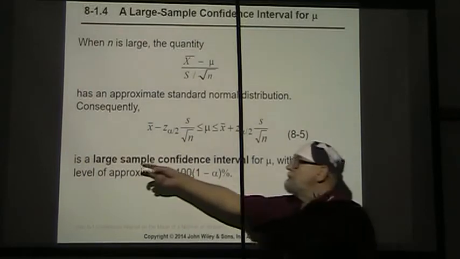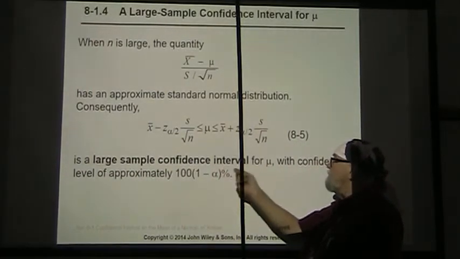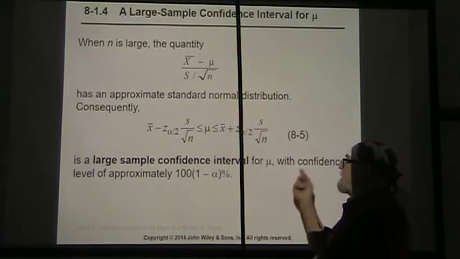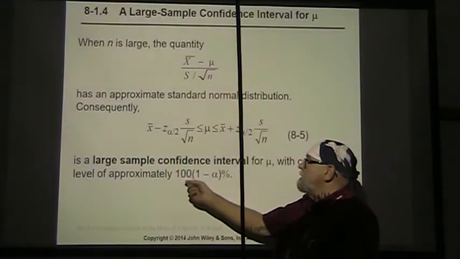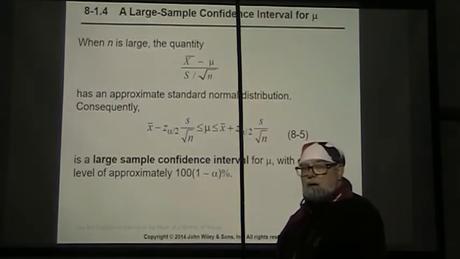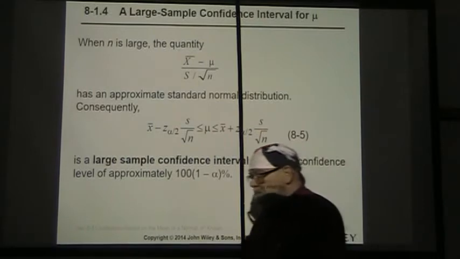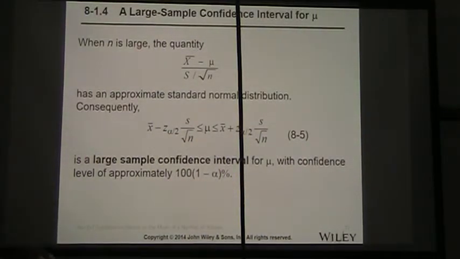So this is a large sample confidence interval for mu with confidence level of approximately 100 times the quantity 1 minus alpha percent. All right, so you can see it's very similar to what we have already covered during our study in chapter 8.